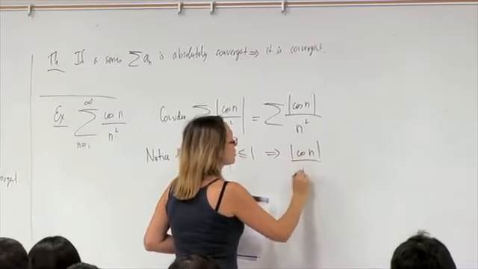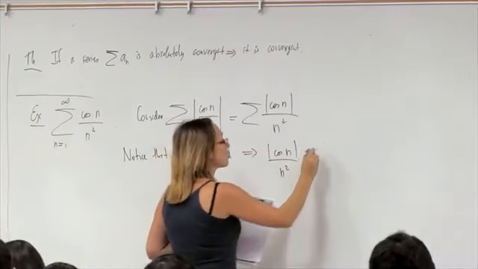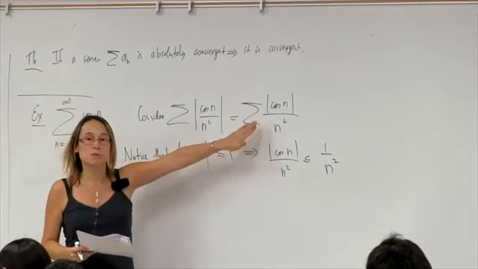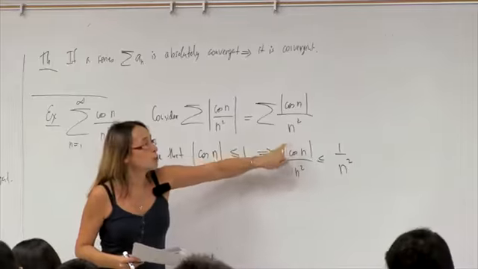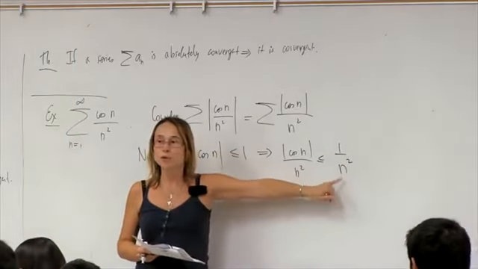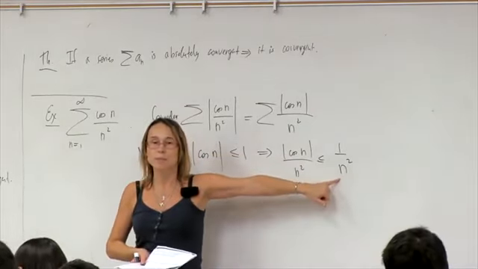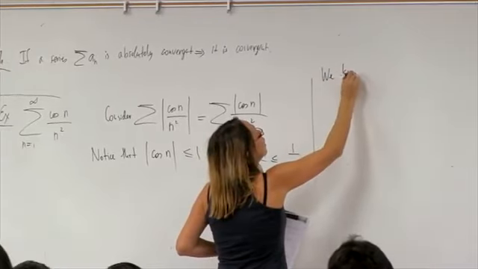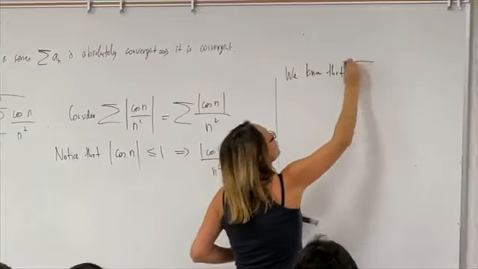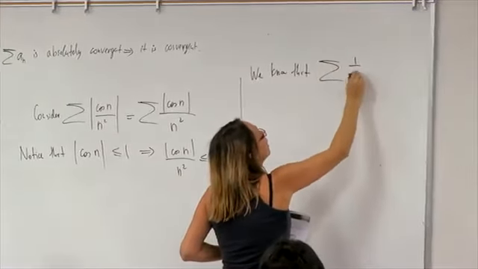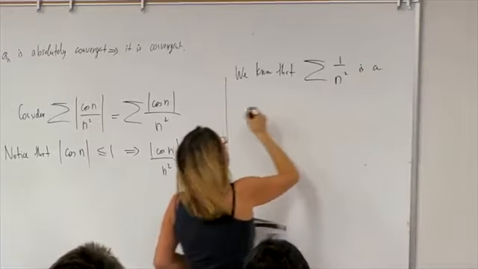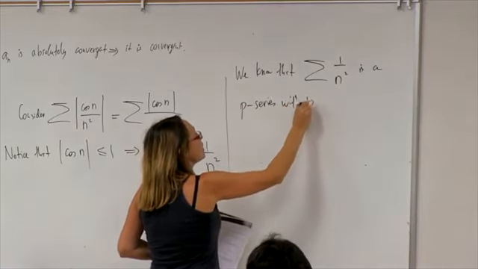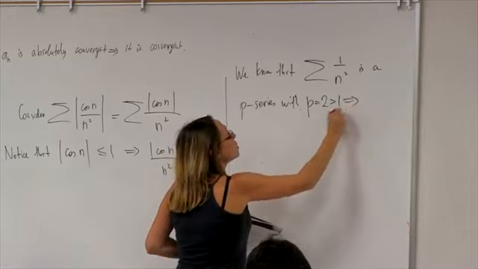So these terms for sure are less than or equal to these terms. So what we have is a series with positive terms whose terms are always smaller than these. And we know a thing or two about this series, right? We know that this is a p-series with p equals 2, so it converges.